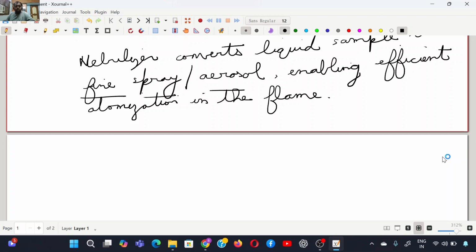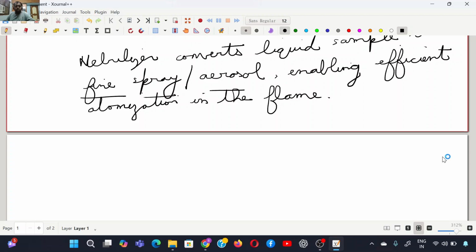So basically, this you need not know, but I'm just giving you information that there is a very thin plastic capillary. It draws liquid from the sample flask into the nebulizer where it encounters fuel gas and oxidant. Fuel gas like acetylene and oxidant that can be air or oxygen. And then the liquid is dispersed into fine droplets.